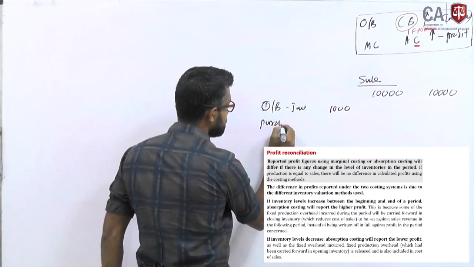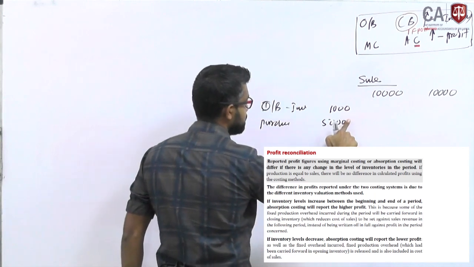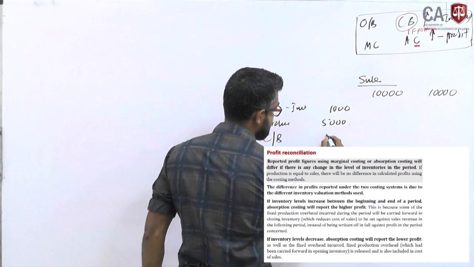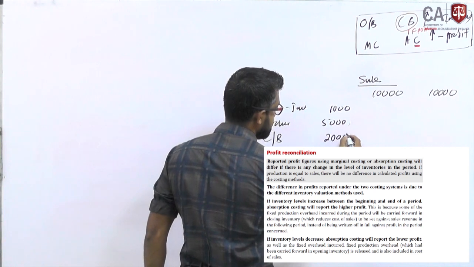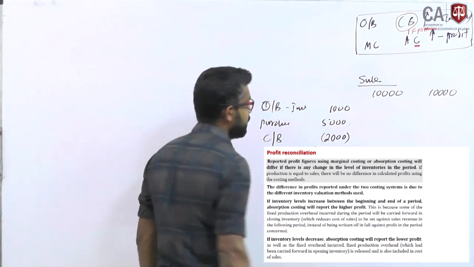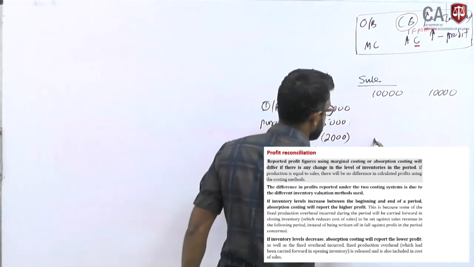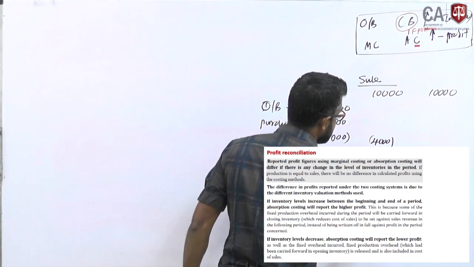Purchase 5,000. Closing balance, let us say 2,000. The cost of sales, how much? 1,000 plus 5,000 is 6,000, minus 2,000 is 4,000, right? The gross profit is 6,000.